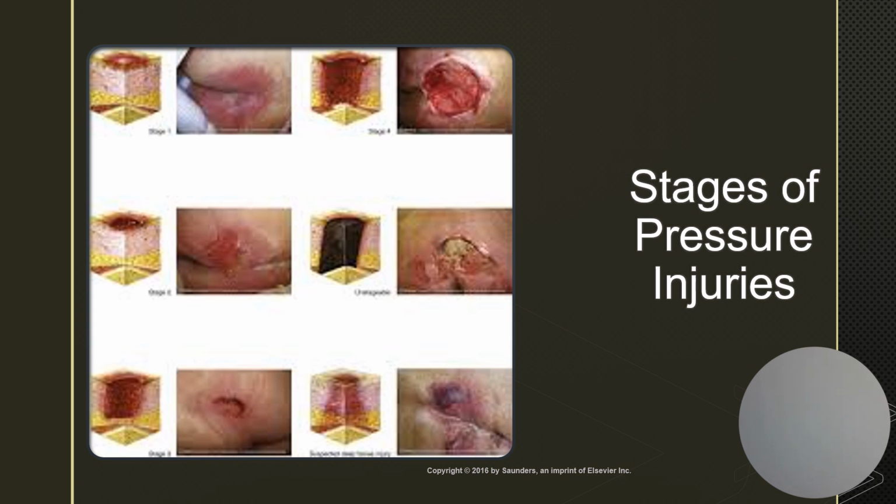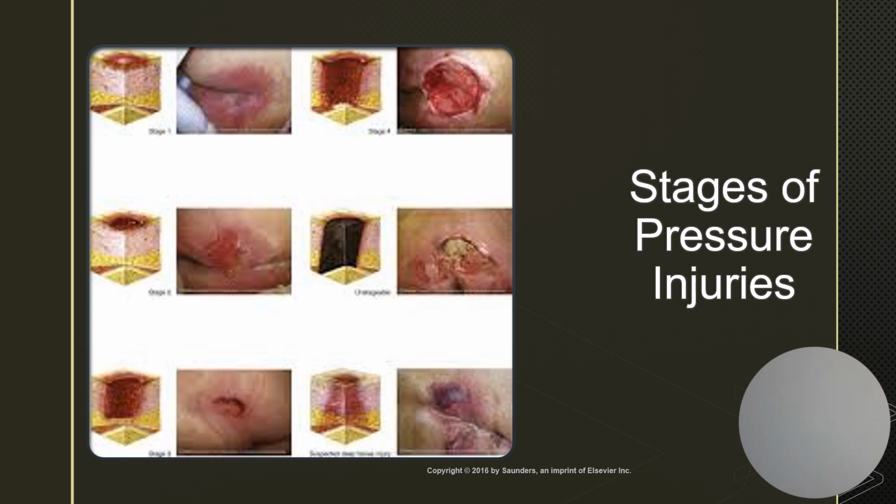The skin is usually going to be intact. The shape is usually irregular, and it may reflect the shape of the object that created the pressure. For example, if they were potentially lying on a tube, the shape of the pressure wound may be the shape of a tube.